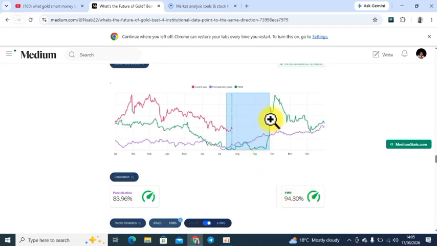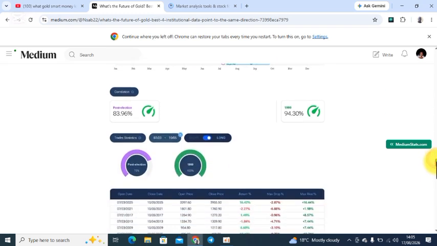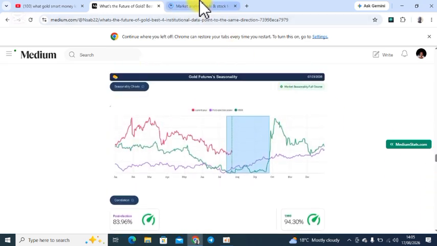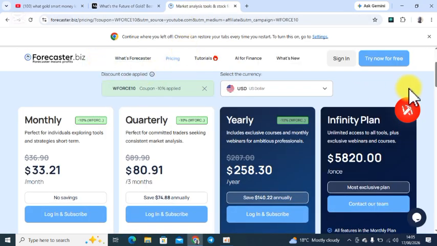You can see this is the green line, and we're expecting a bullish move right away from mid-July up to around October here. So you can see it was also correlating with that of post-election, 83.96%.